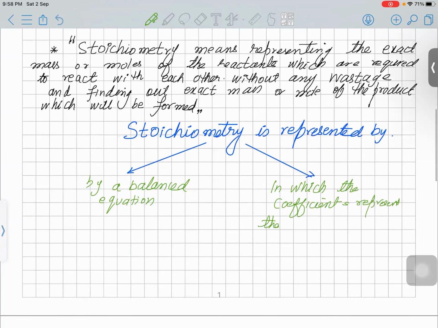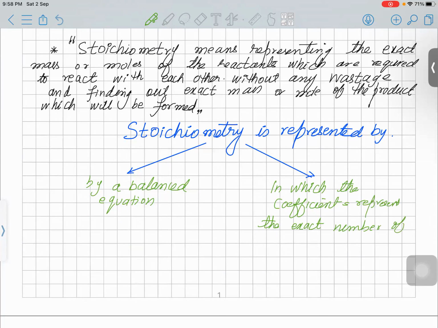Represent the exact number of reacting moles and forming moles.